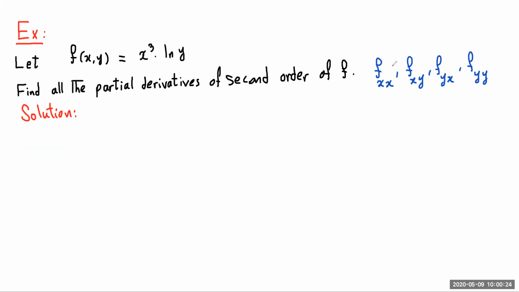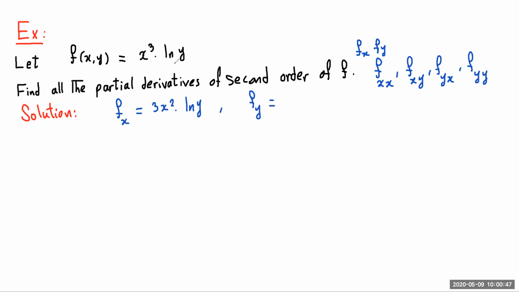To find all of these derivatives, let's calculate first fx and fy. So let's begin by calculating fx. What is fx? The derivative of x power 3 is 3x power 2, and ln y is constant. What is fy?